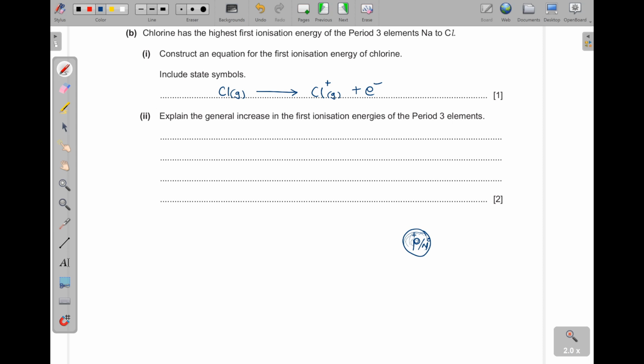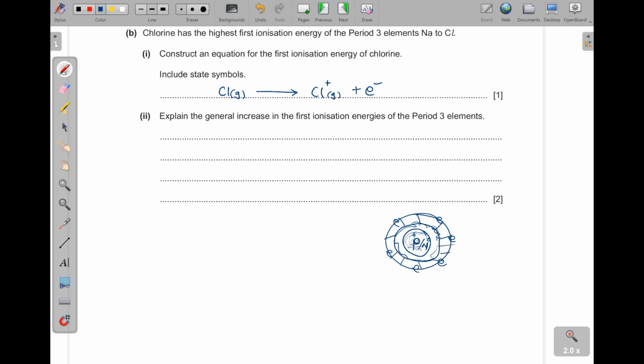You see that? And then from there, since you are adding electrons on the same shell, as protons are also being increased, then that means that the shielding is similar. If I have a shell of electrons here, the shielding is the same. Shielding is just the repulsion between these electrons.